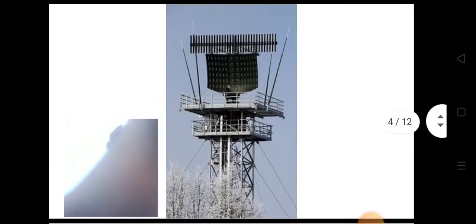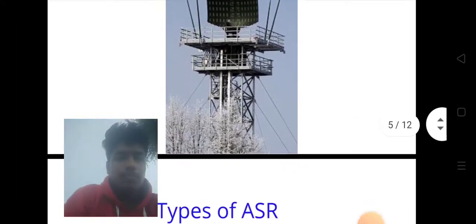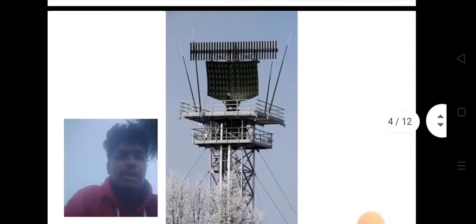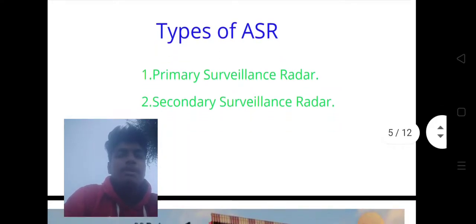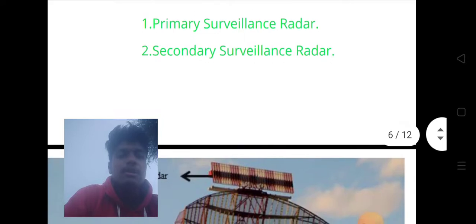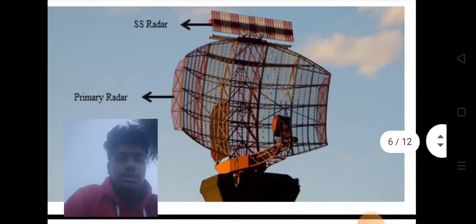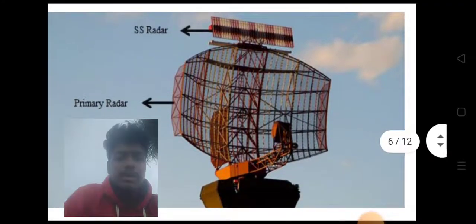Now this is a picture of an ASR which is located at an airport. There are two types of ASR: first is primary surveillance radar and second is secondary surveillance radar. Yes, this is a picture of another ASR.